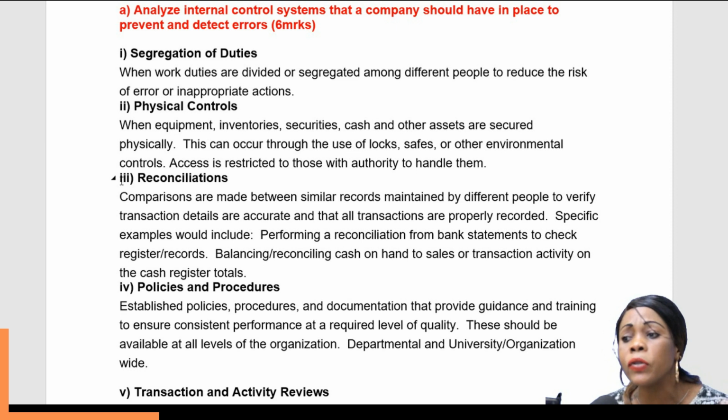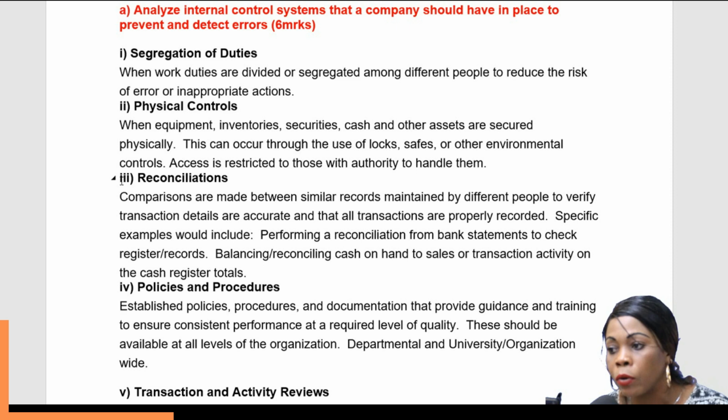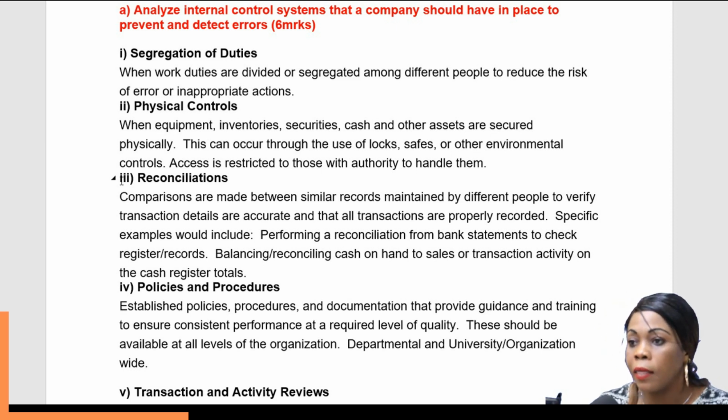Access is then restricted to those with authority to handle all these physical tools. You should not leave the access to so many people to handle them, because this will bring a lot of errors. You should only choose a restricted person and give that person the authority to handle them.